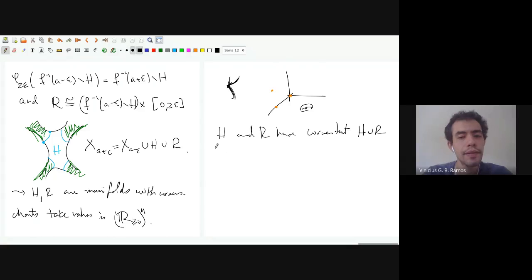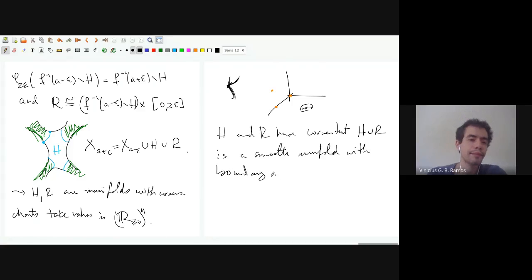This is a smooth manifold with boundary. Okay? Okay, any questions about this?